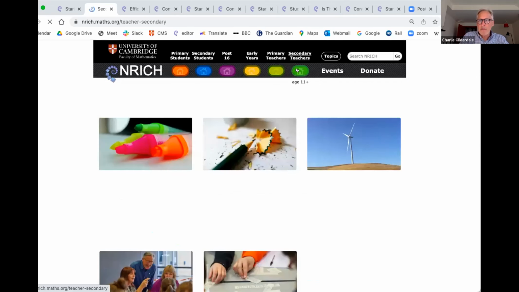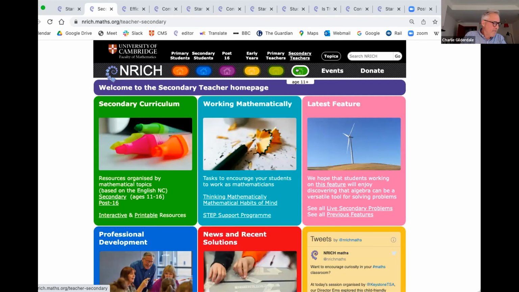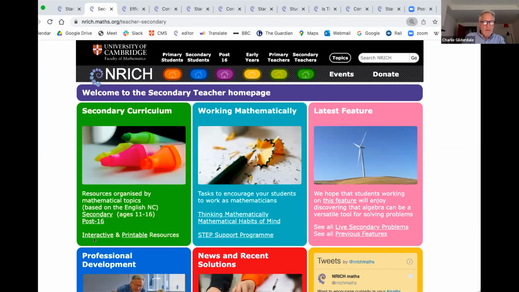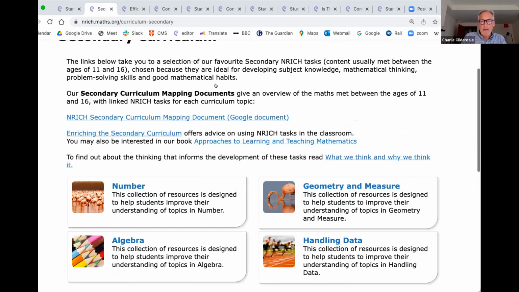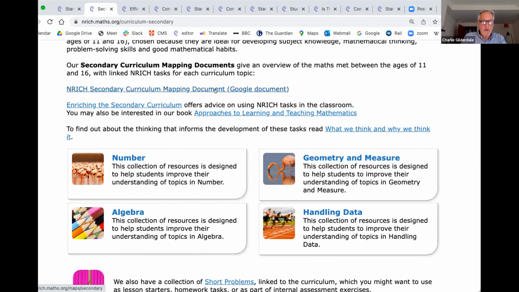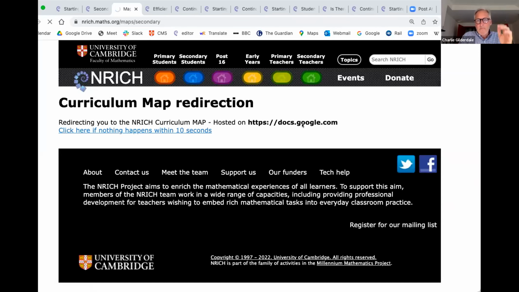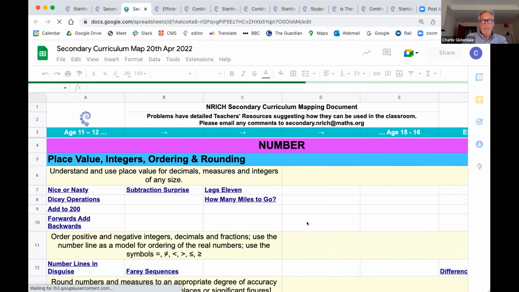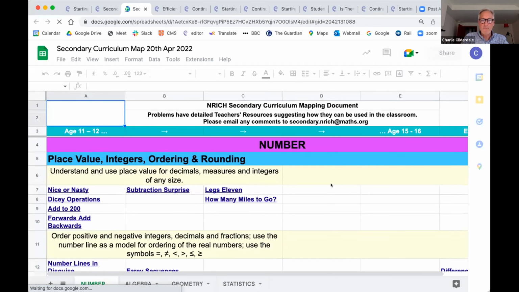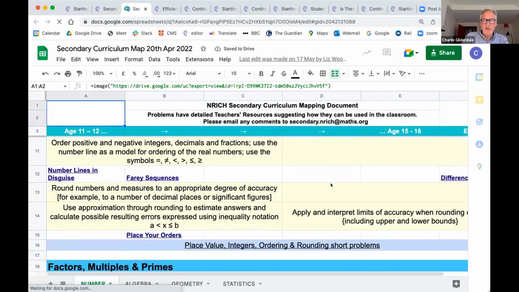Now, the other thing that I promised to mention just in the last couple of minutes is that in the secondary curriculum page, here we are, we've got resources organized by topics, and we've got a mapping document here. And the mapping document, I should have opened it earlier, lists our favorite problems, in year 7, year 8, year 9, year 10, year 11 columns, and different topics.